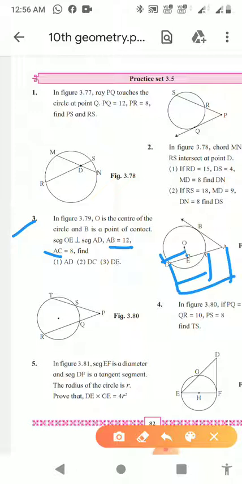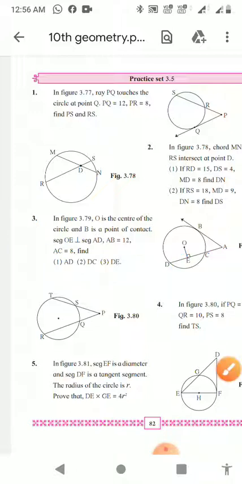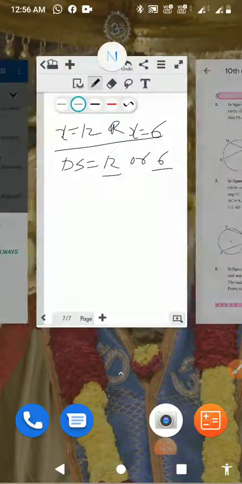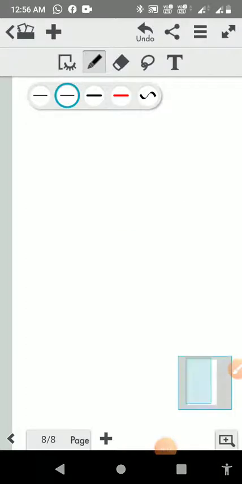Now this problem is quite interesting. I'm using this new page to solve it.